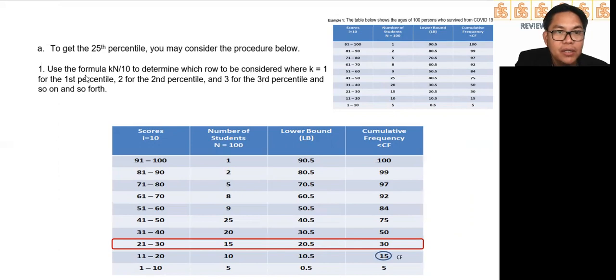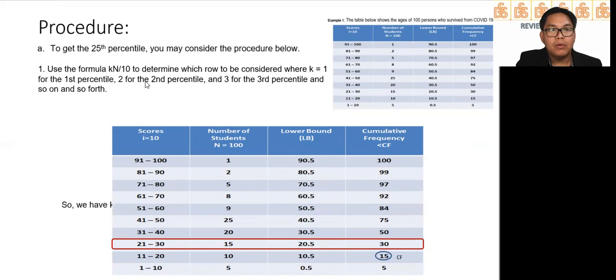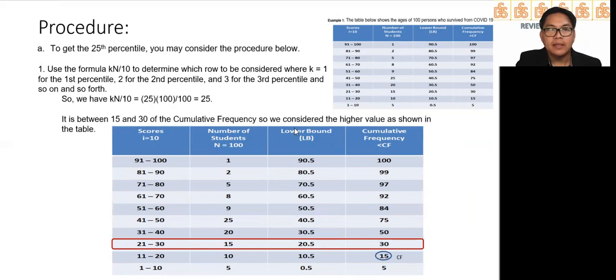Use the formula Kn over 100 to determine which row to be considered, where K equals 1 for the first percentile, 2 for the second percentile, and so on and so forth. So again, it's Kn over 100, and that's 25 times 100 divided by 100.